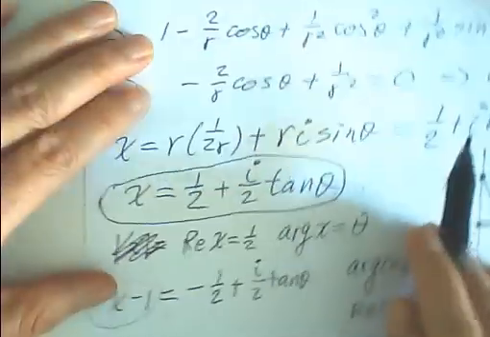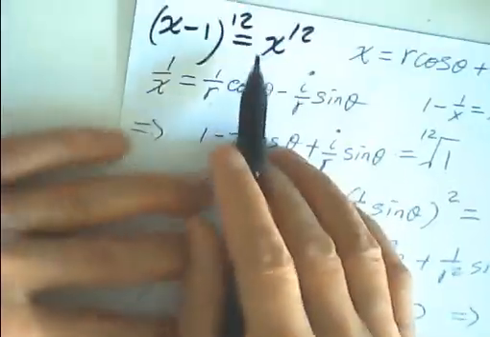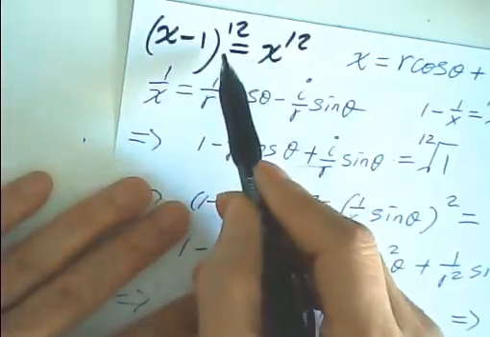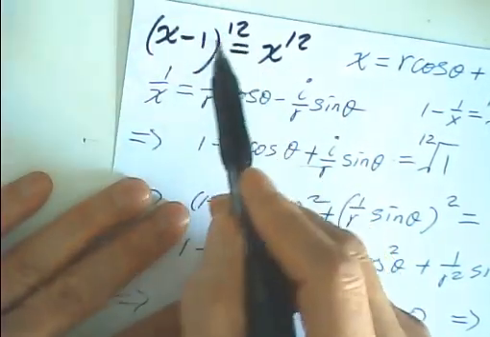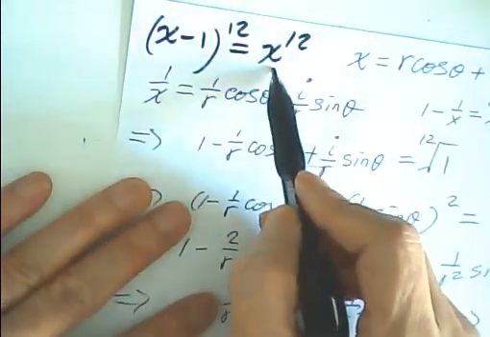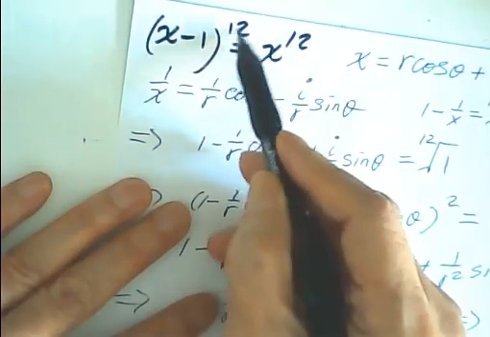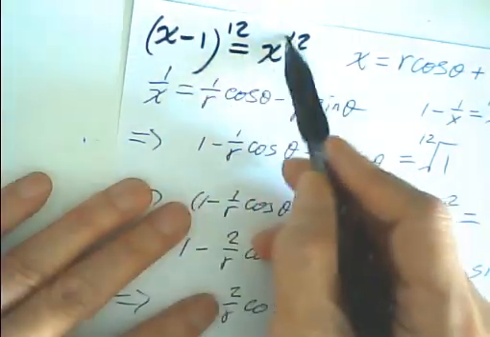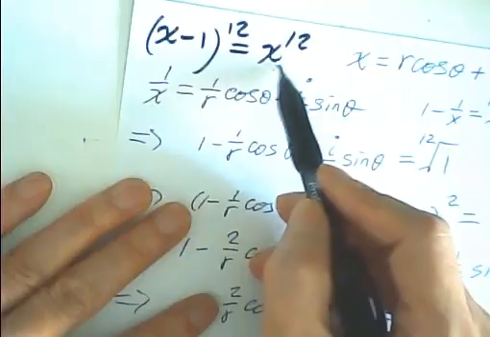Now, this equation says that 12 times this argument is equal to 12 times that argument.